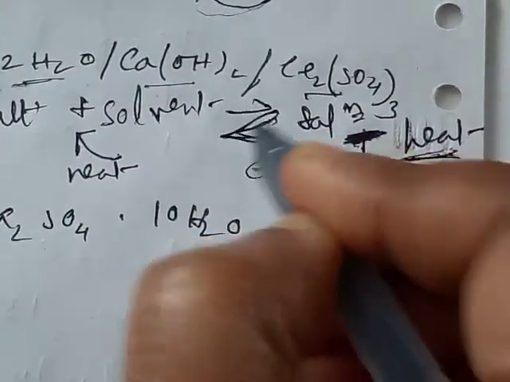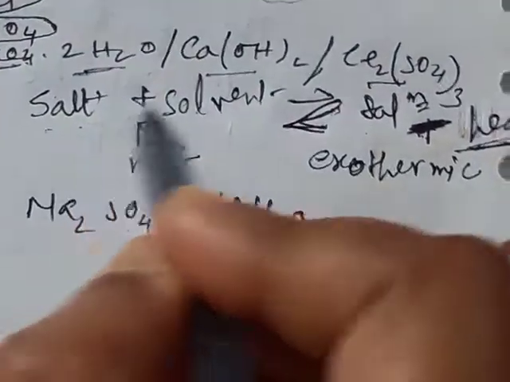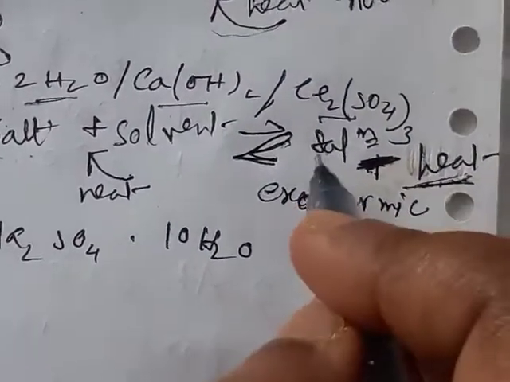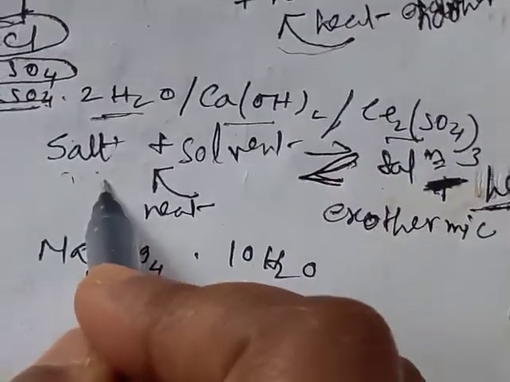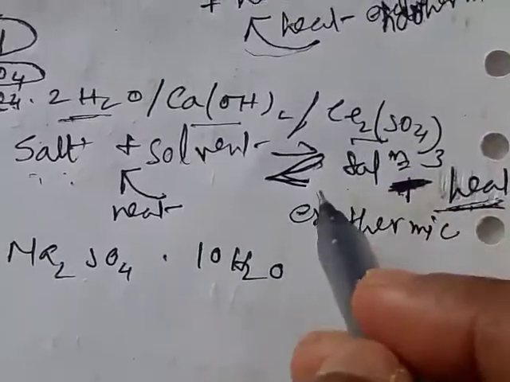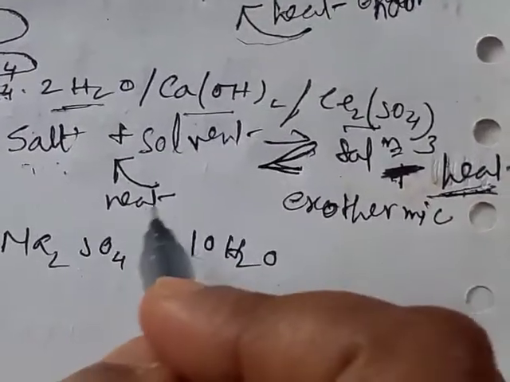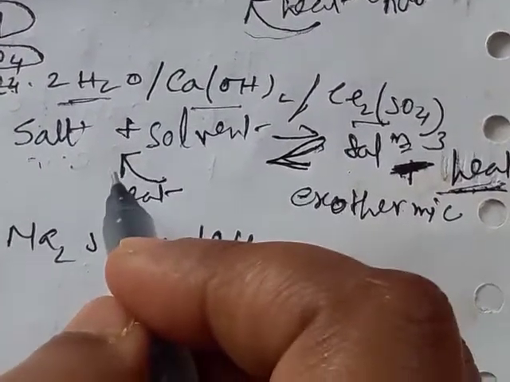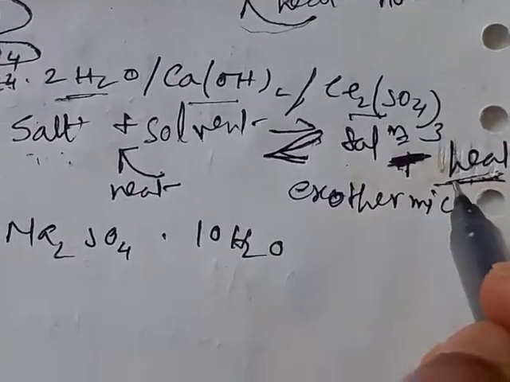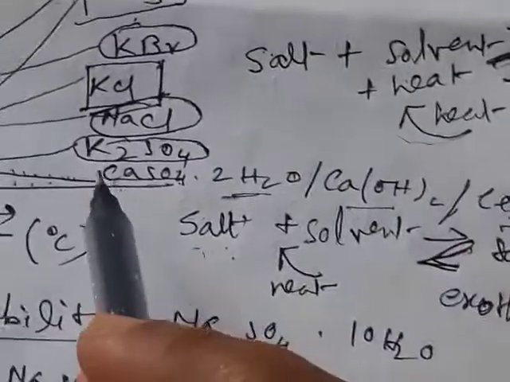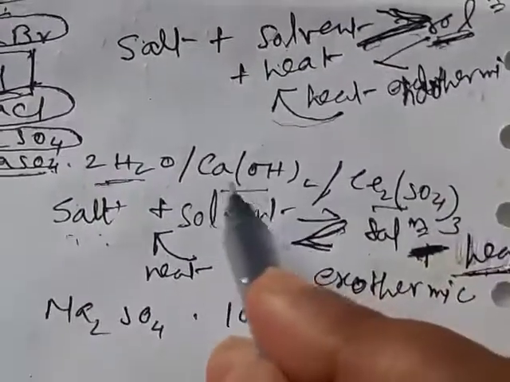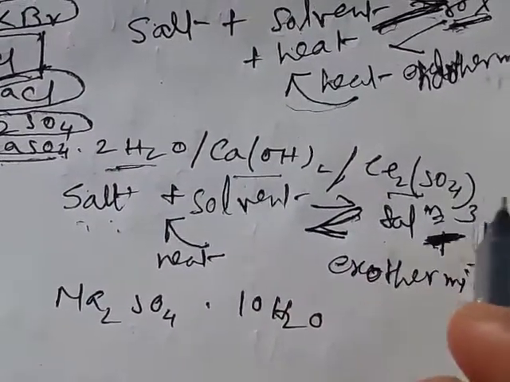That is, from solution we will get salt and solvent; as more and more heat is supplied, from solution we get more and more salt. That means their solubility decreases with absorption of heat, or if we increase temperature, their solubility decreases. This is the case for calcium sulfate, gypsum, calcium hydroxide, or cerium sulfate.